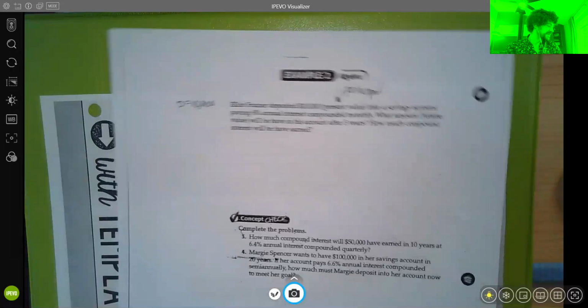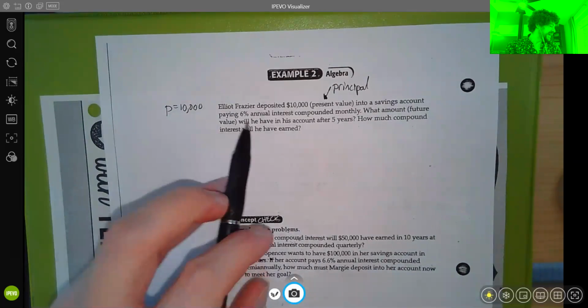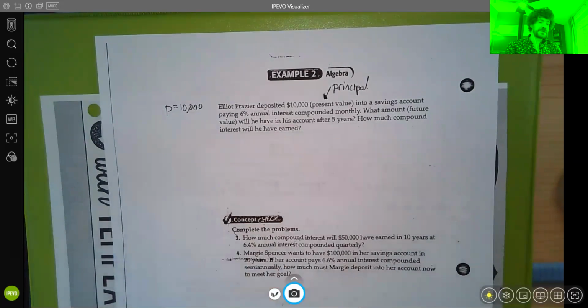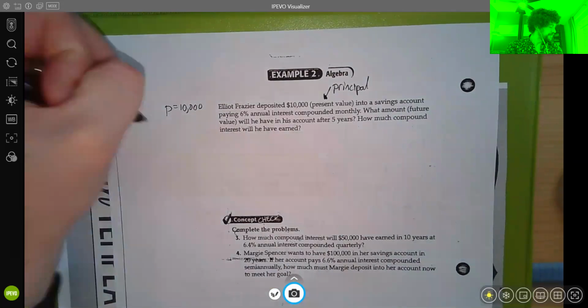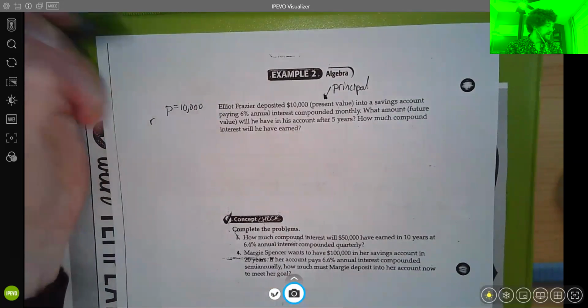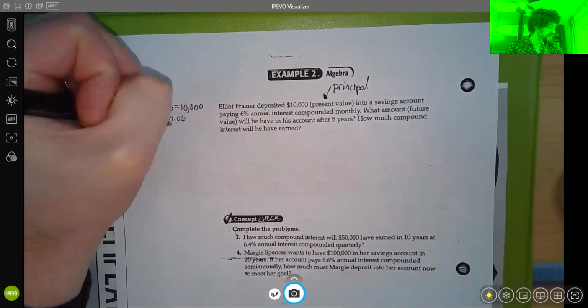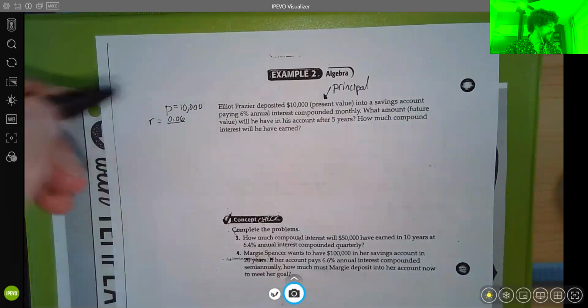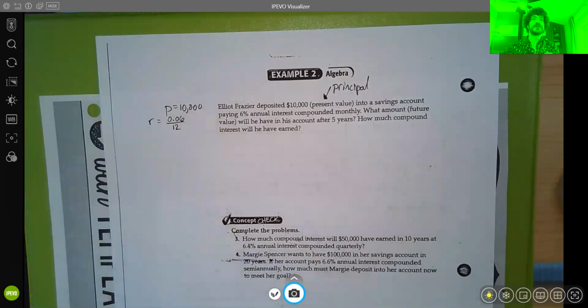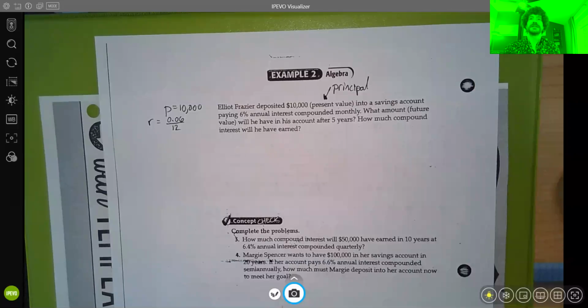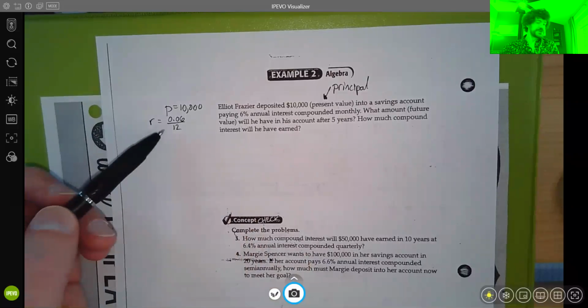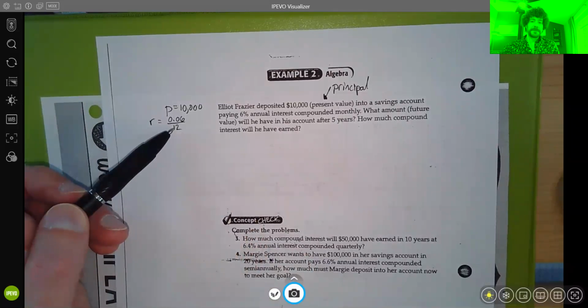So P is 10,000. Pays 6% annual interest compounded monthly. So R is equal to the 6%, 0.06, divided by the number of times it compounds per year, which is 12. So R is equal to 0.06 over 12.